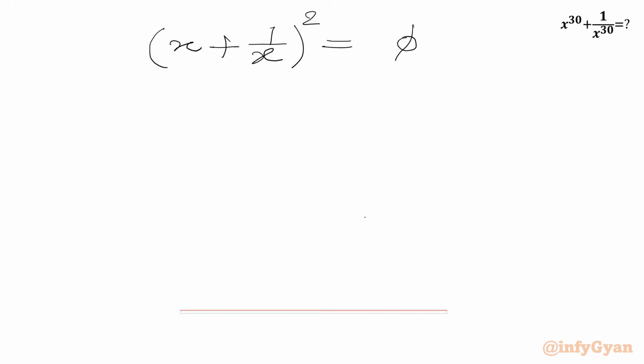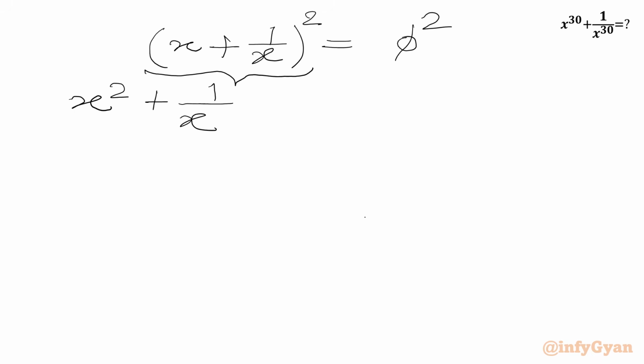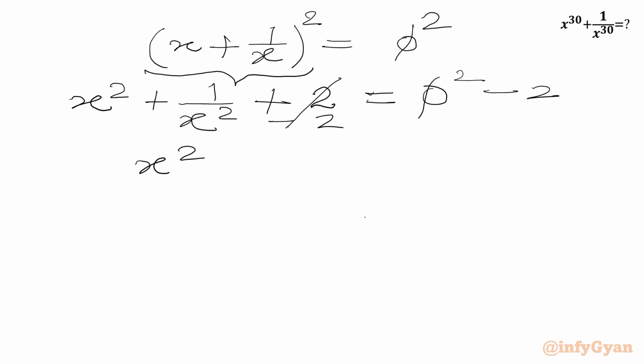After squaring both sides, we are going to apply a plus b whole square formula in LHS, and we will get x square plus 1 over x square plus 2 times x times 1 over x, which is 2, equal to φ square. Now we will subtract 2 from both the sides. So plus 2 and minus 2 will be over. We are going to get x square plus 1 over x square. This will be equal to φ square minus 2.